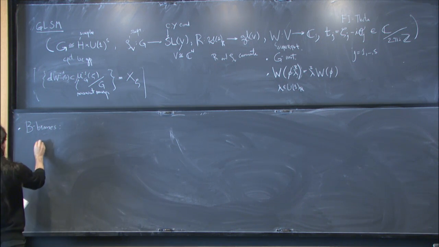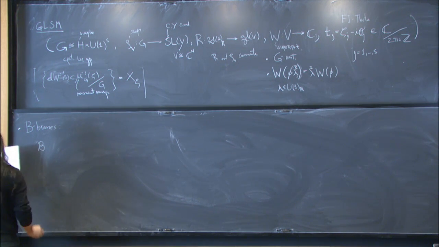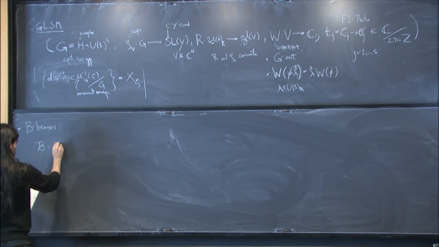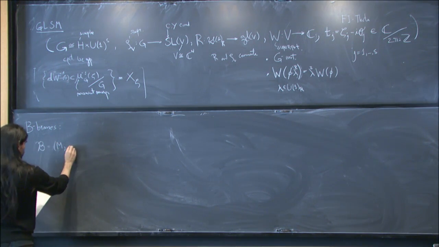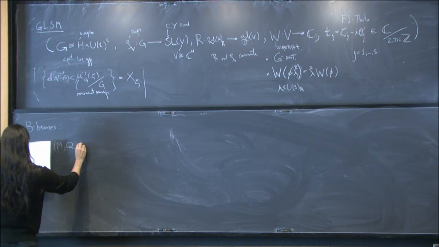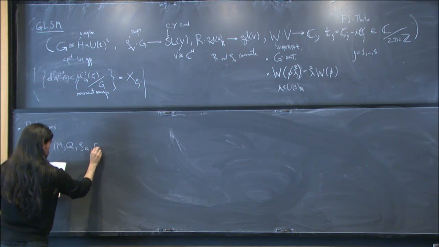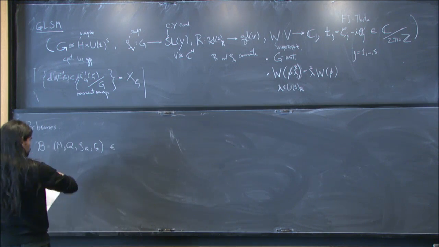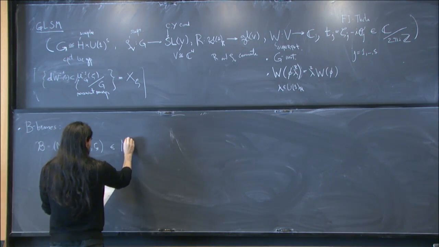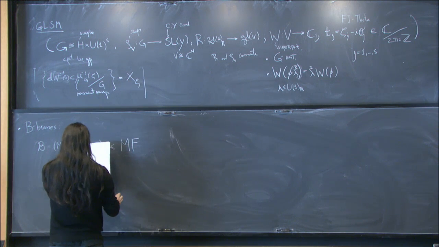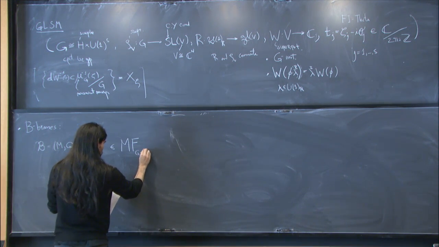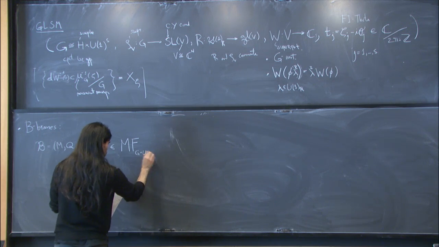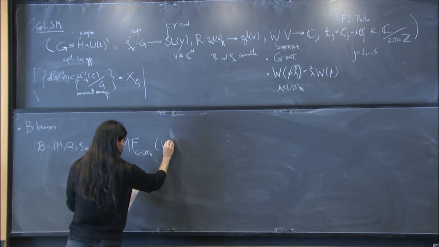One of them I call curly V, which is a four-tuple. And this four-tuple makes an equivariant matrix factorization on the G and this U1R of W.